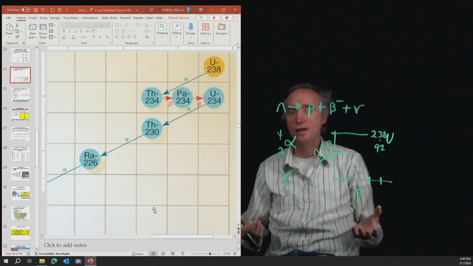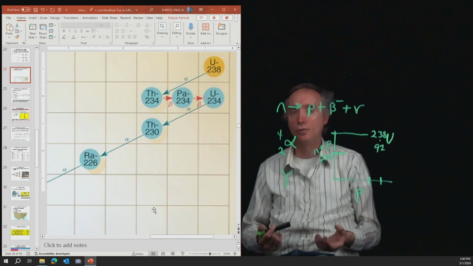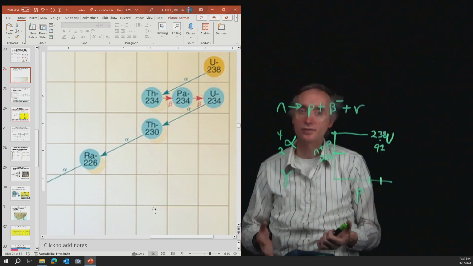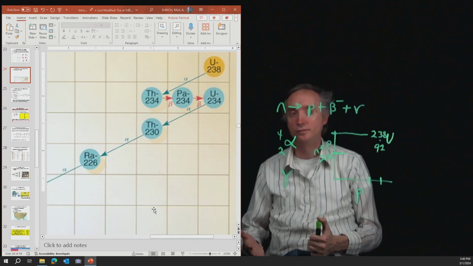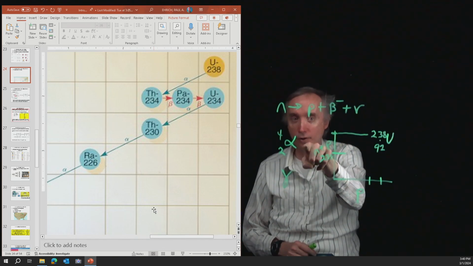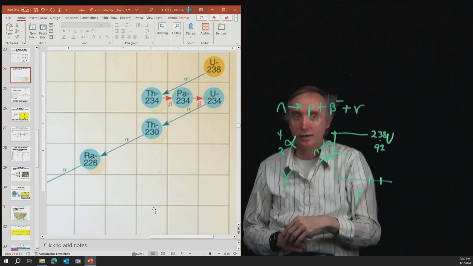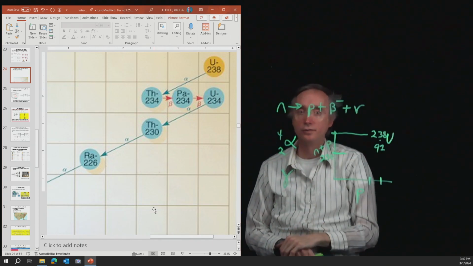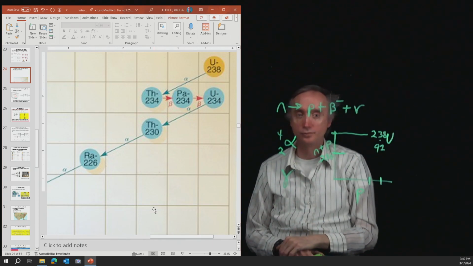Well, it's now uranium-234 instead of uranium-238, so that is less radioactive than what it once was. Then the next thing that's going to happen is, you can see, it's going to give off an alpha particle and turn back into thorium, and then it's going to give off another alpha particle and turn into radium.